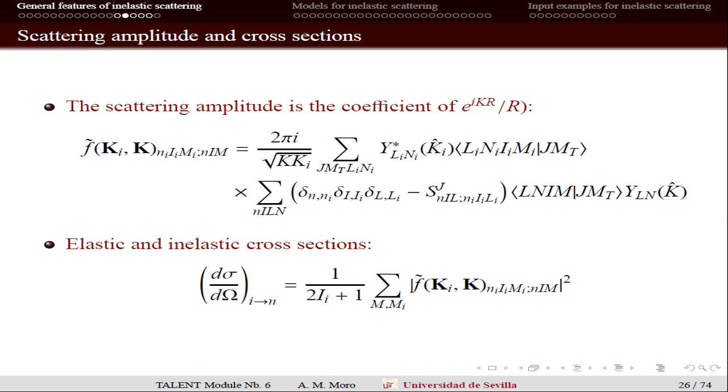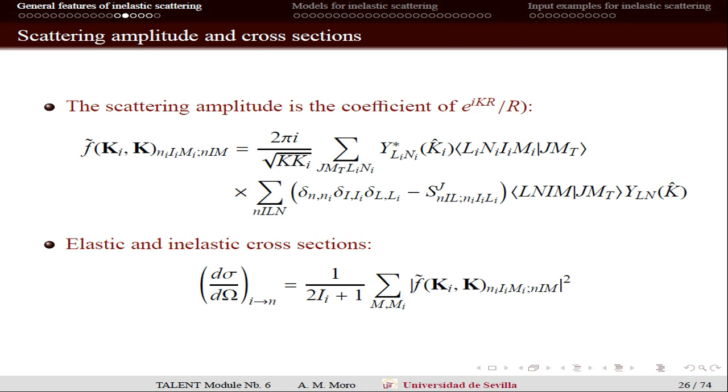Then, finally, remember that our final goal is to obtain the scattering amplitude, because from this scattering amplitude we get the cross-section. So in terms of these S matrix coefficients, the expression of the F, again, this is not a trivial step, but I'm going to the final result.